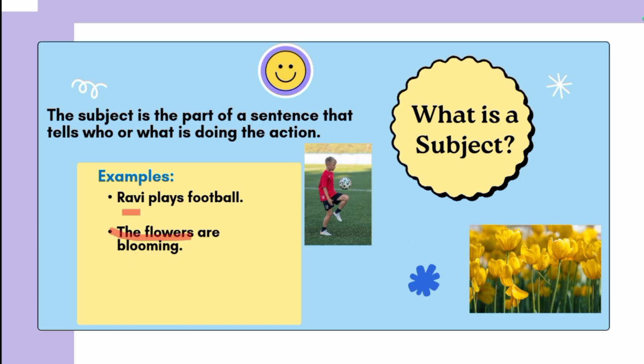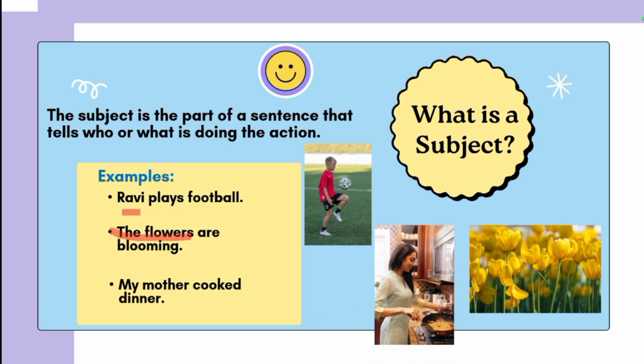So, the flowers is the subject. My mother cooked dinner. Here, who is performing the action? It is my mother. So, my mother is the subject. So, in these three sentences, we have seen Ravi, the flowers, and my mother. They are performing an action and hence they are the subject in these sentences.